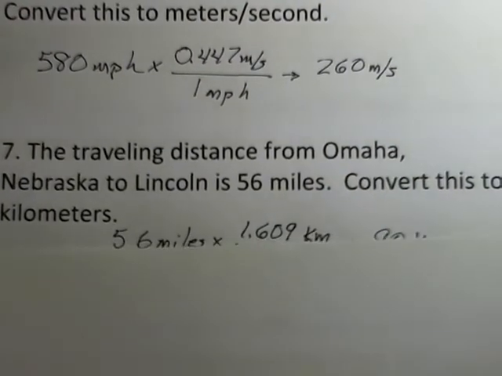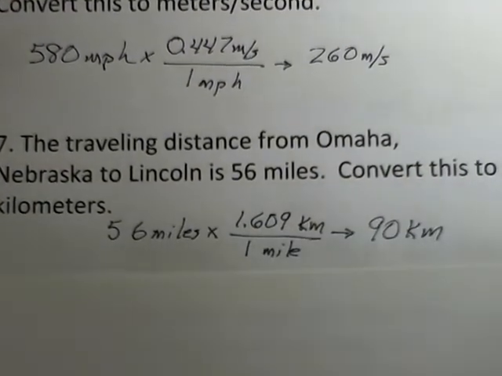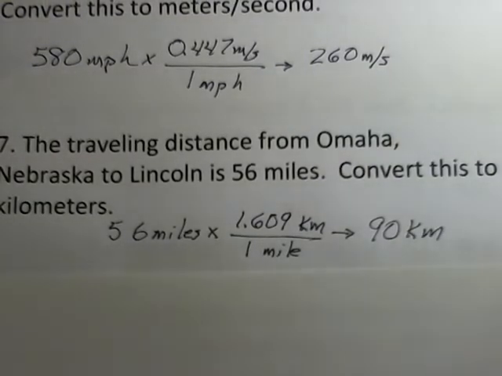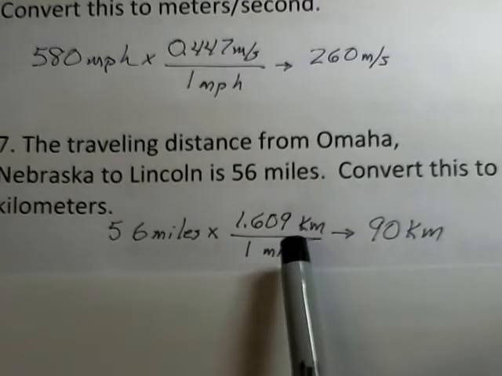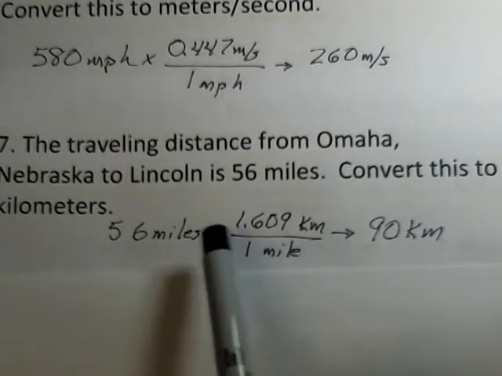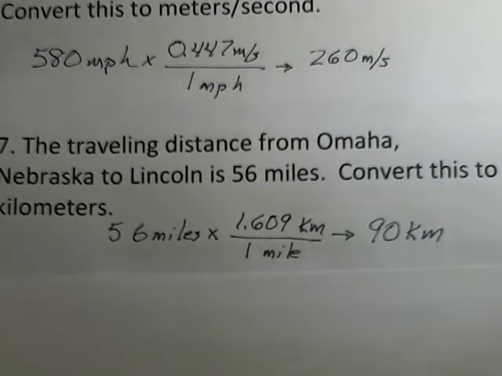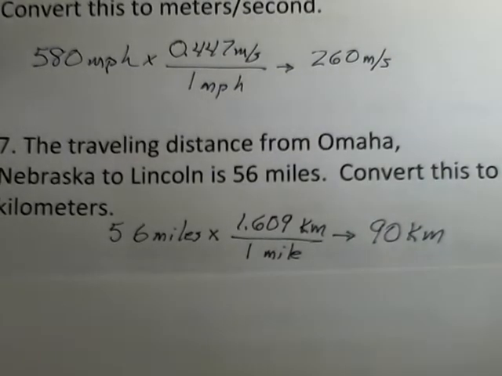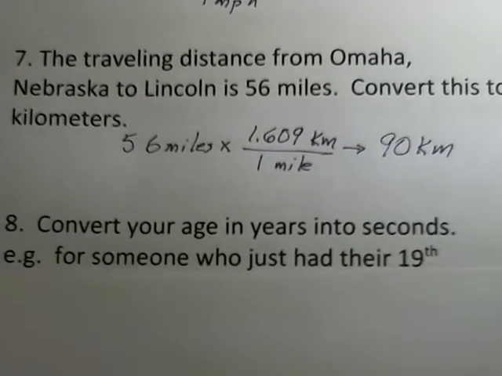Omaha, Nebraska, where I live, to Lincoln, 56 miles travel distance. If I want to know how many kilometers that is, I use 1.609 kilometers per mile. The miles units cancel, and roughly 90 kilometers is that distance.